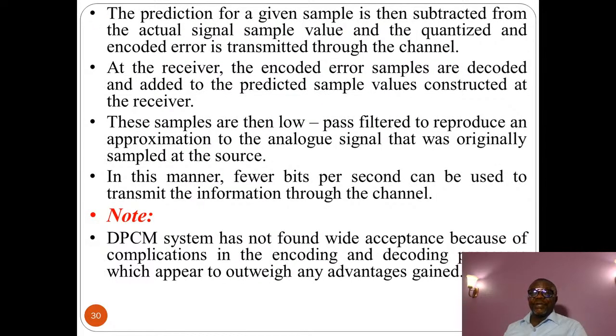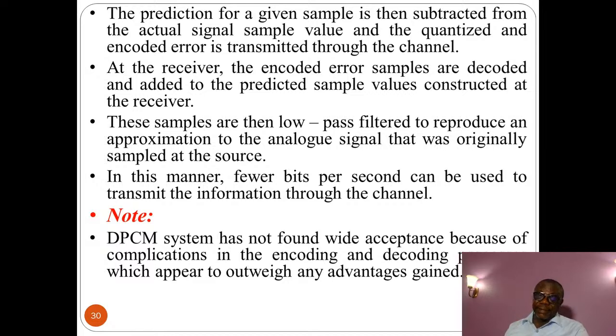The prediction for a given sample is then subtracted from the actual signal sample value, and the quantized and encoded error is transmitted through the channel. At the receiver, the encoded error samples are decoded and added to the predicted sample. These samples are then low-pass filtered to reproduce an approximation to the analog signal that was originally sampled at the source.